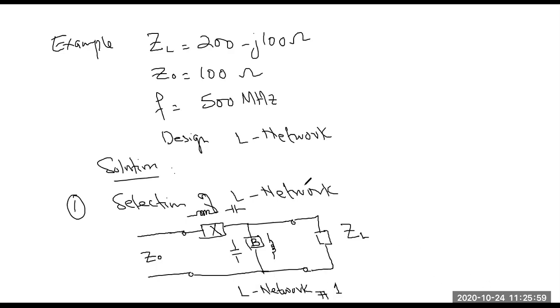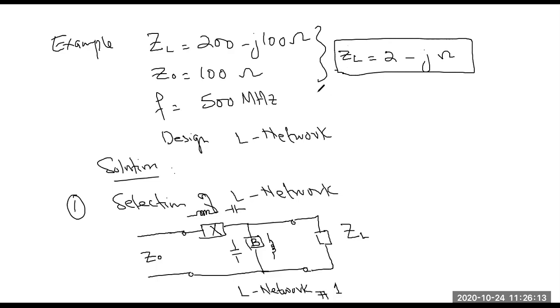So let me move to the Smith chart. The normalized load impedance we had already found. So ZL normalized load was 2 minus j. And we have already located this on the Smith chart.